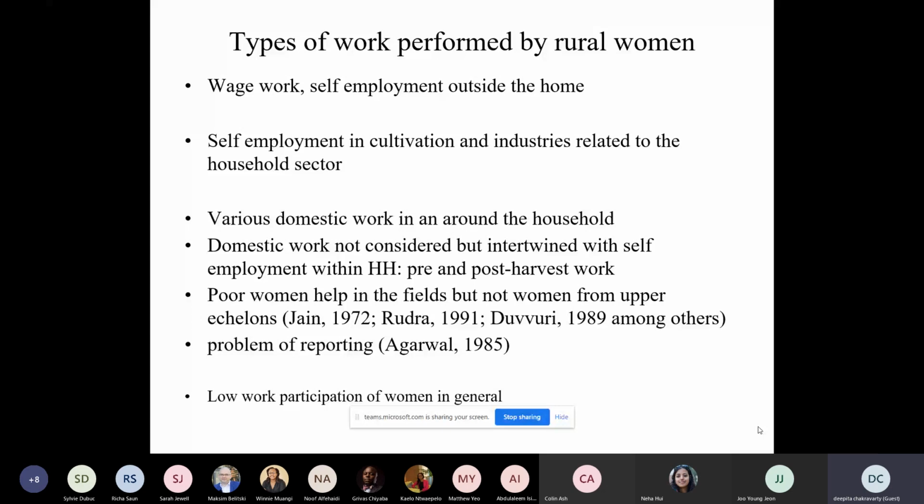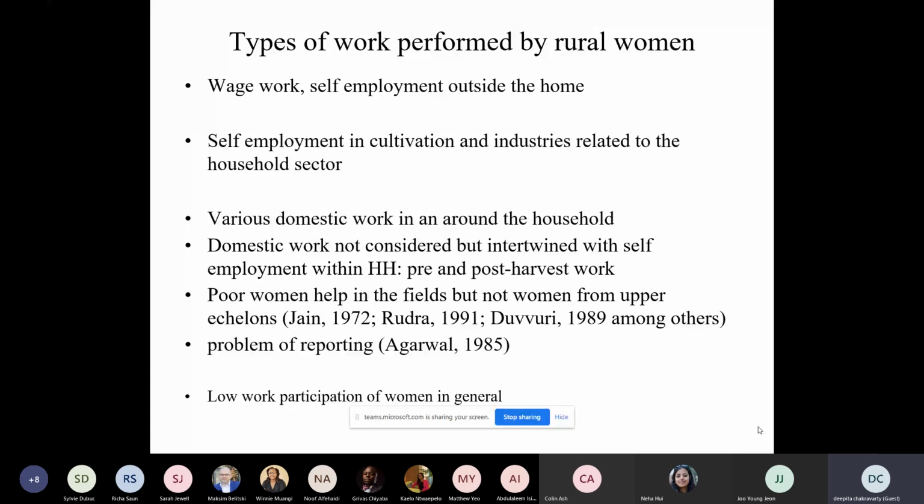What we also know is that women do a lot of so-called productive work for the household economy, but that work is completely intertwined with the household work that women do.